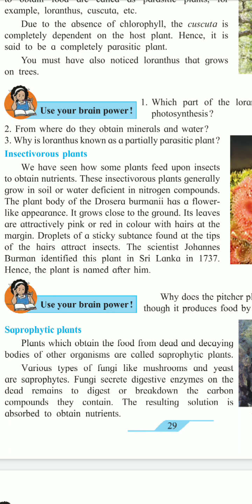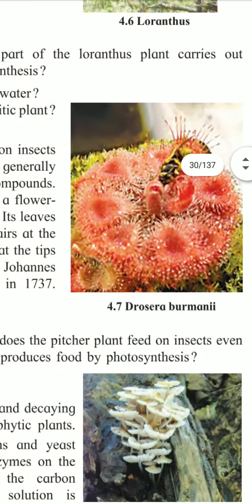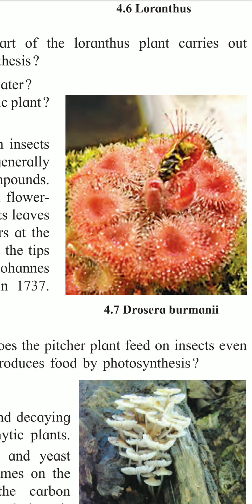Hence, the plant is named after him. See the plant structure, students. Drosera, how colorful hair-like structures. One insect is shown in the figure attracted towards the plant. So this Drosera plant is an insectivorous plant. It depends on insects for its nitrogen need. So it is called an insectivorous plant.